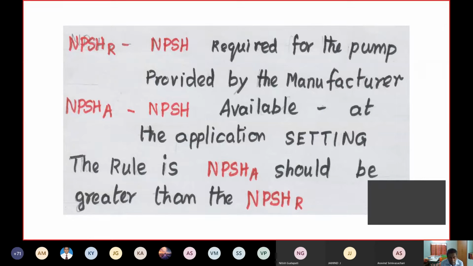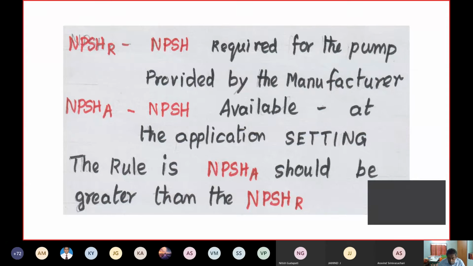One is the NPSH required for the pump provided by the manufacturer. For the smooth running of the pump, the NPSH minimum has to be maintained. NPSH A is NPSH available at the application setting.